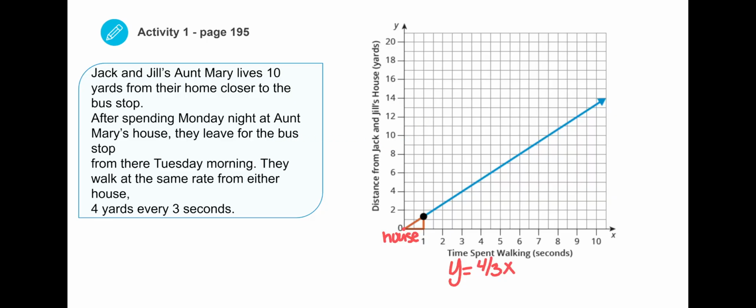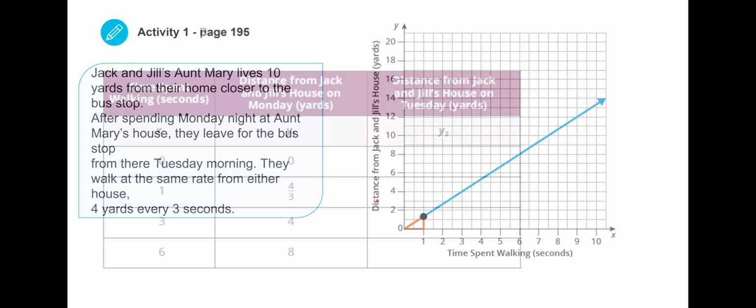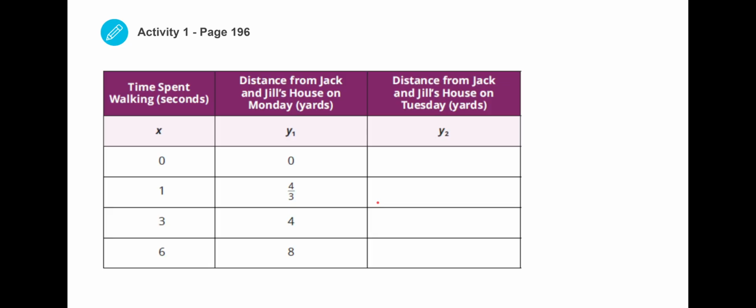So for a second, before we get to the graph here, I want to take a look at the table. This is how much time they spent walking, and this is the distance they are from Jack and Jill's house. Now, if they haven't walked at all, and we're not going to do this one right here because it just gets kind of wonky, but if they haven't walked at all, when they were starting at their house, they were still 0 yards from their house.